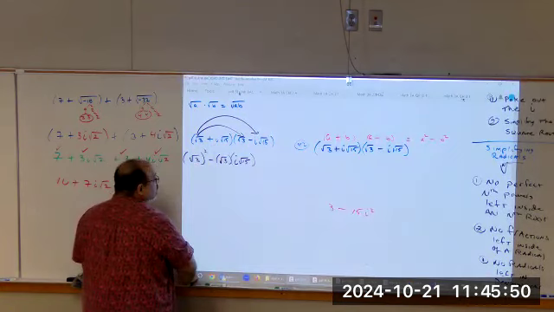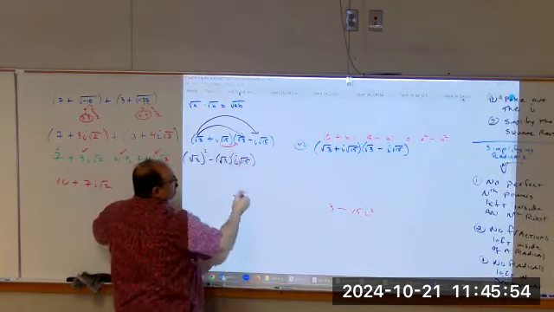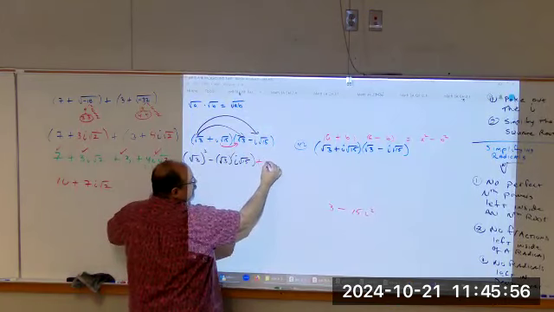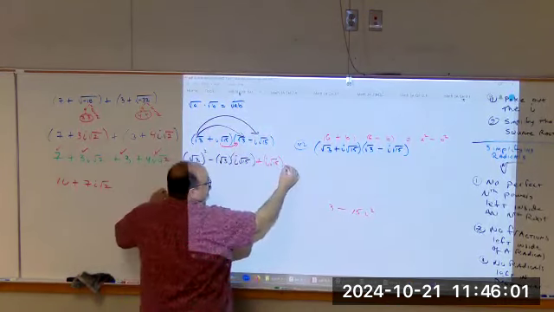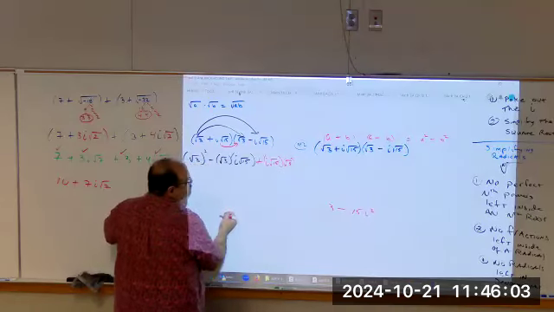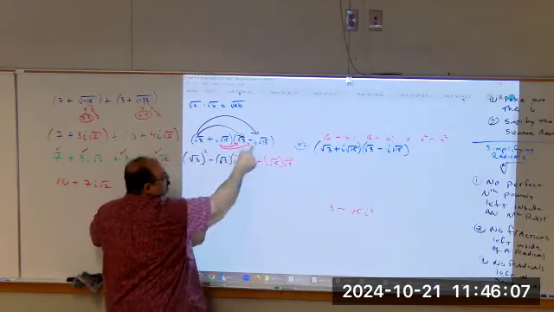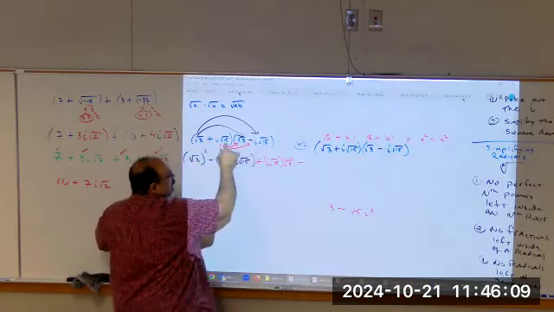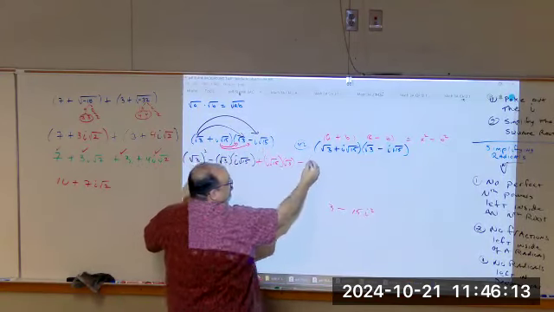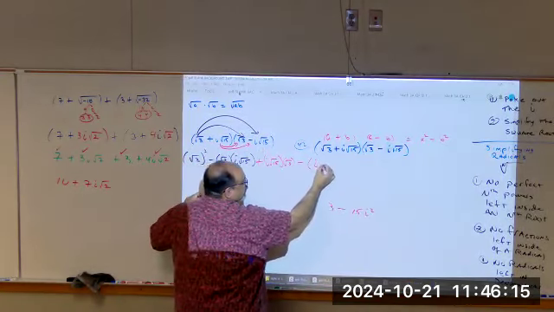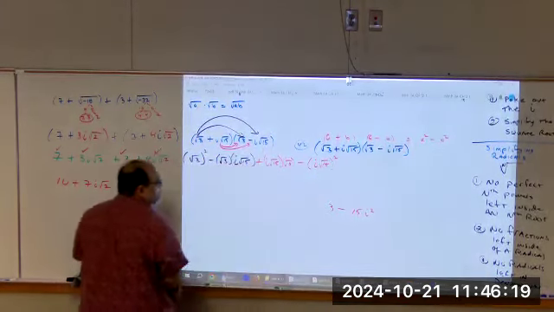And then we distribute positive i square root of 15 times square root 3. And then we have a positive times a negative, so that's going to be a negative: i square root 15 times i square root 15, so that's parentheses i square root of 15, whole thing squared.